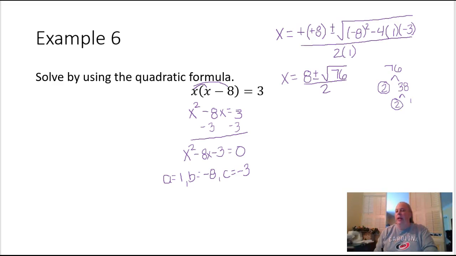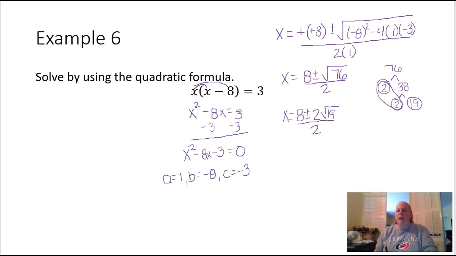And 2 goes into 38 19 times. Now 19 will not break down any further. But I do have a pair of factors. So that means the square root of 76 can be written as 2 on the outside and then 19 on the inside of the radical.